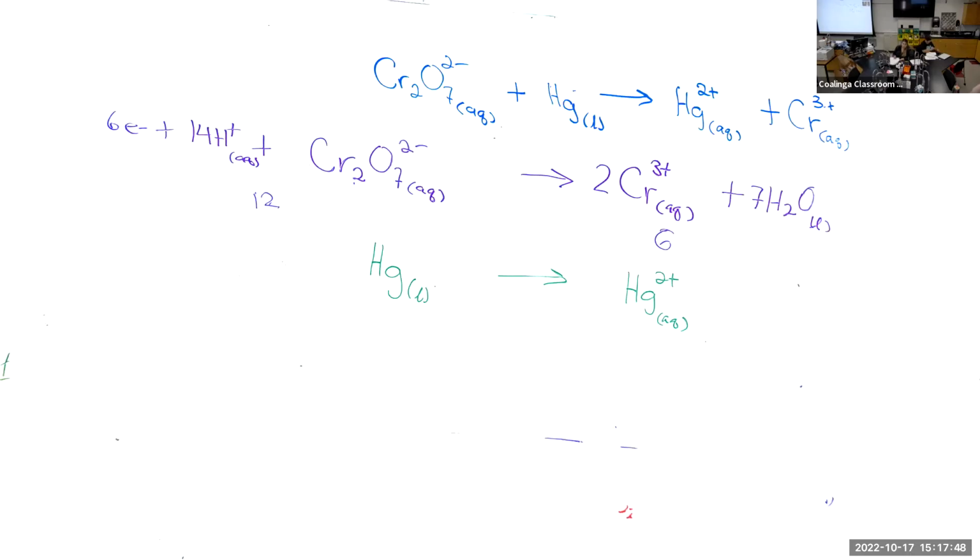Now we balance them on the bottom reaction. We have a 0 on that side, correct? 0 here. And then 2 on the other side. Okay. So then we had 2 electrons on the right.